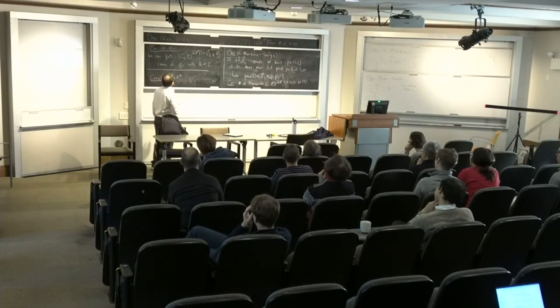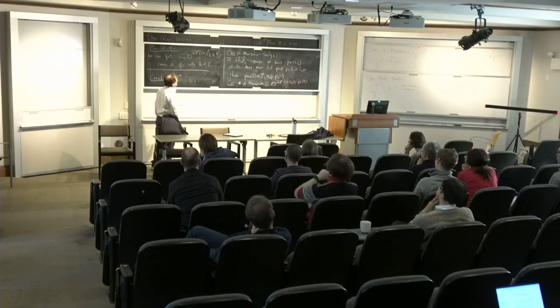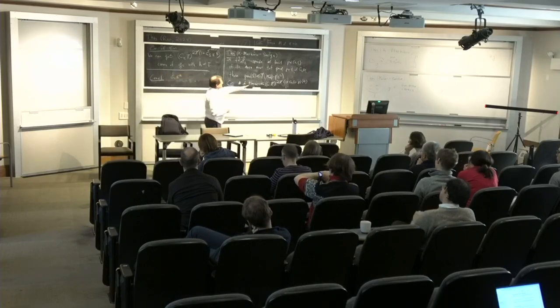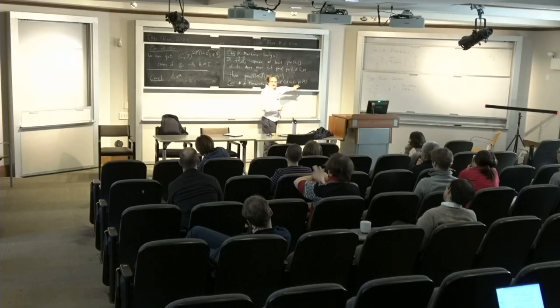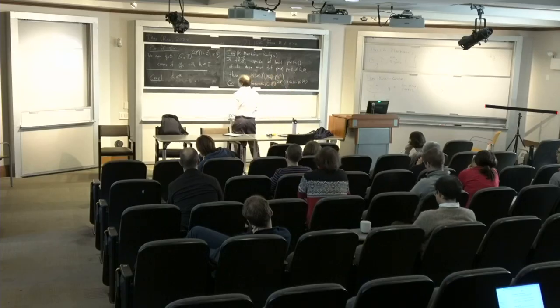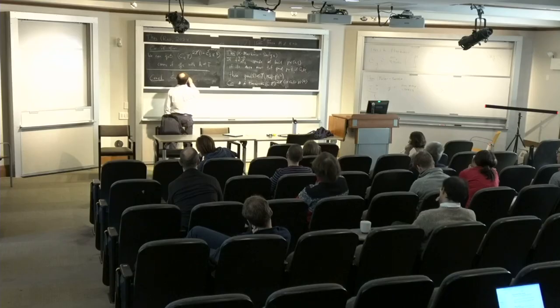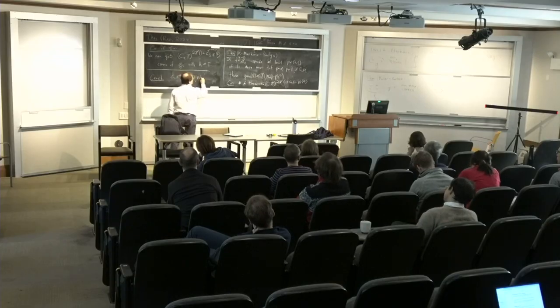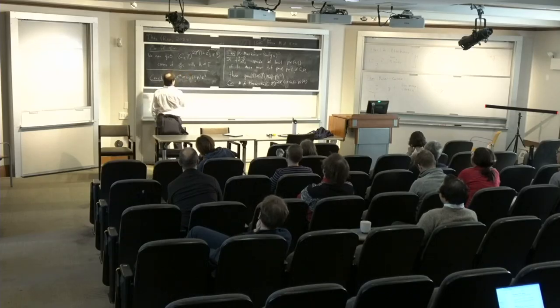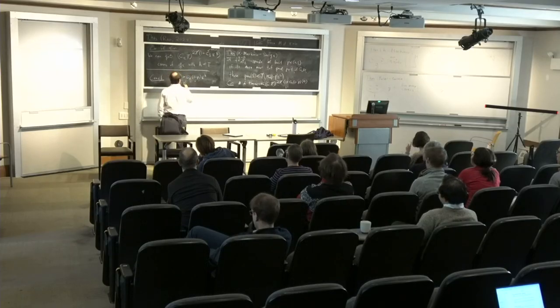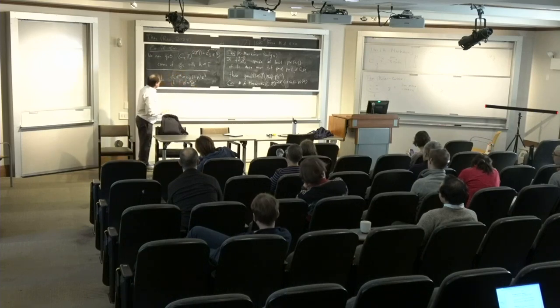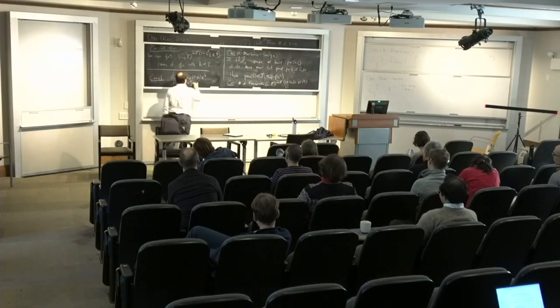So the point is that if P is small, then this is going to win, right? So the C1 epsilon squared is bigger than the C2 1 minus P epsilon squared if 1 minus P is less than C1 over C2, I think.